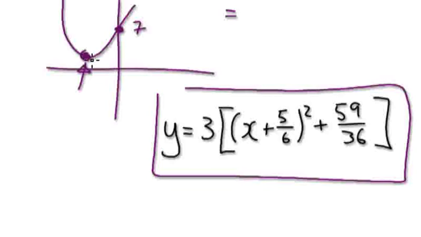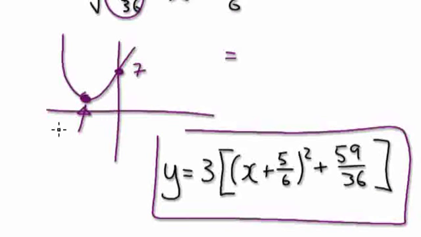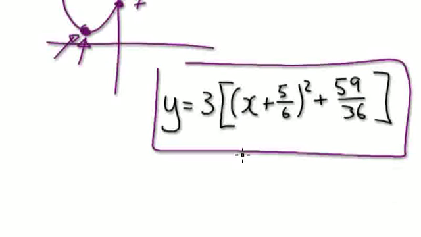Now, because we want to investigate this point here, basically make this 0. You can make that 0 by putting minus 5/6 into the x here.